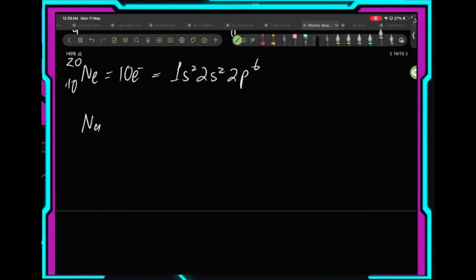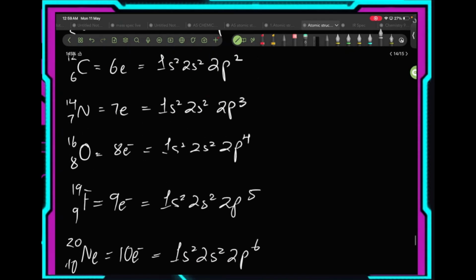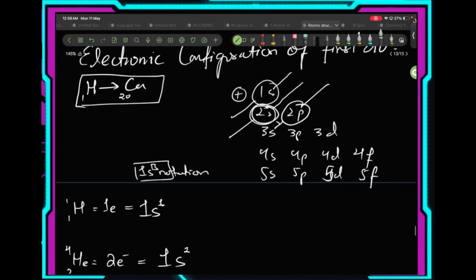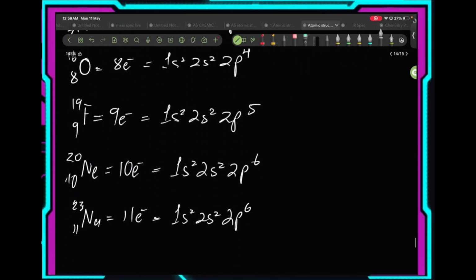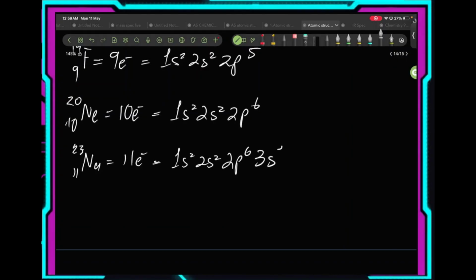And what about sodium, 11 23? It would be 1s2, 2s2, 2p7, right? Exactly, 2p was filled. After these 6 electrons, 2p had no more space. So after 2p you fill up 3s. So 3s1.